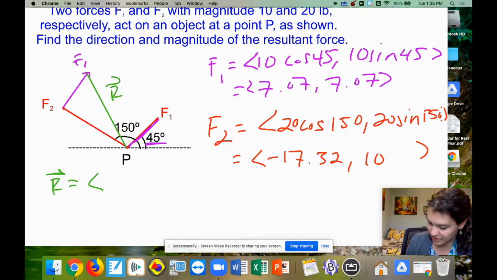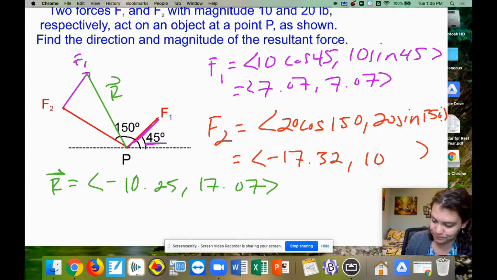So then when you add them together, you'll get negative 10.25 and 17.07. So that then is your resultant vector, added them together. If you have more than one, if you have like 3 of them, you still just add them all together. Nothing special about that.